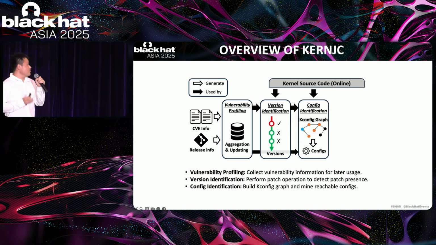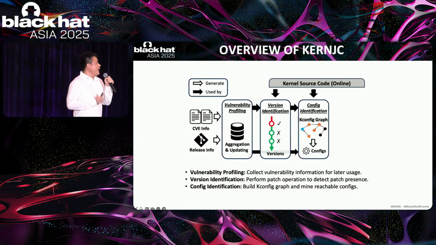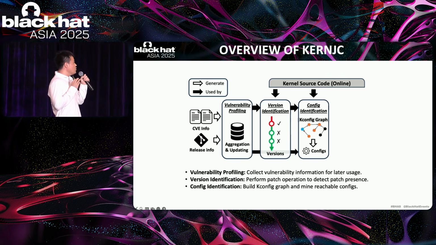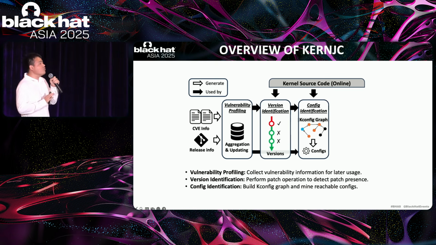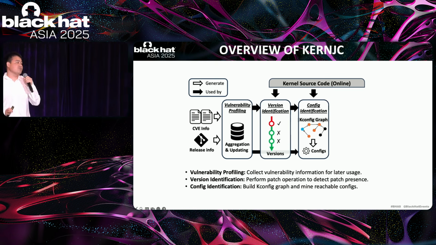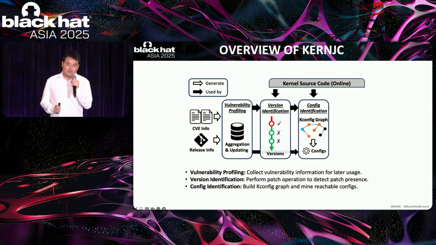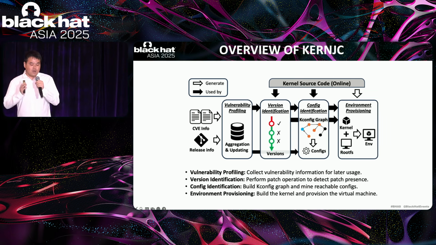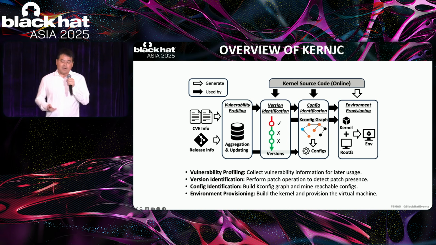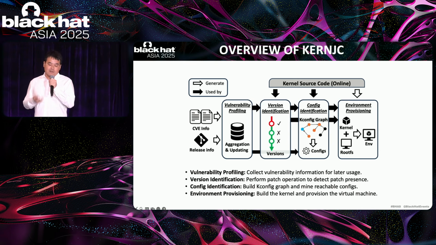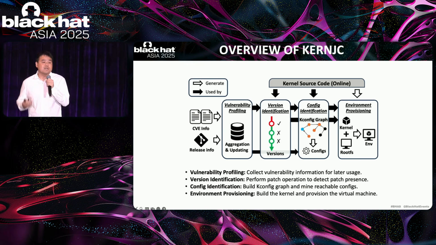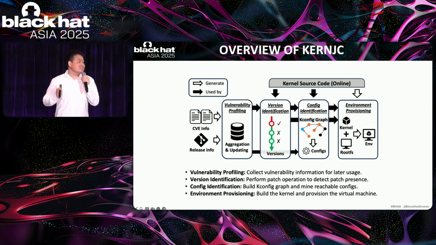To achieve this, we build the key config graph and do reachability analysis to find all the configs that are required for the vulnerability reconstruction. Based on all the information, we do the environment provisioning: we build the kernel environment and provision the virtual machine, which can be used for security analysis.